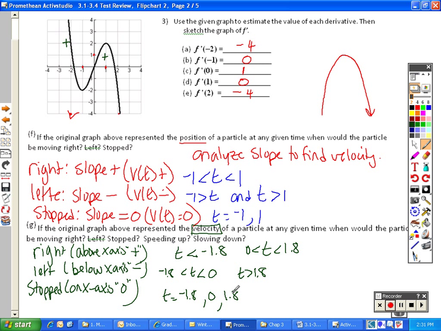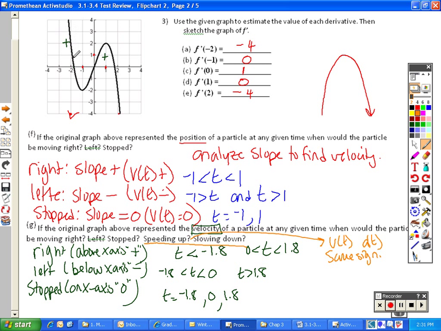All right, this question is asking us a little bit more. It's asking us when is the graph speeding up and slowing down. Speeding up is when v of t and a of t have the same sign. Okay, so when v of t is positive and a of t is positive. Okay, so let's look at this.